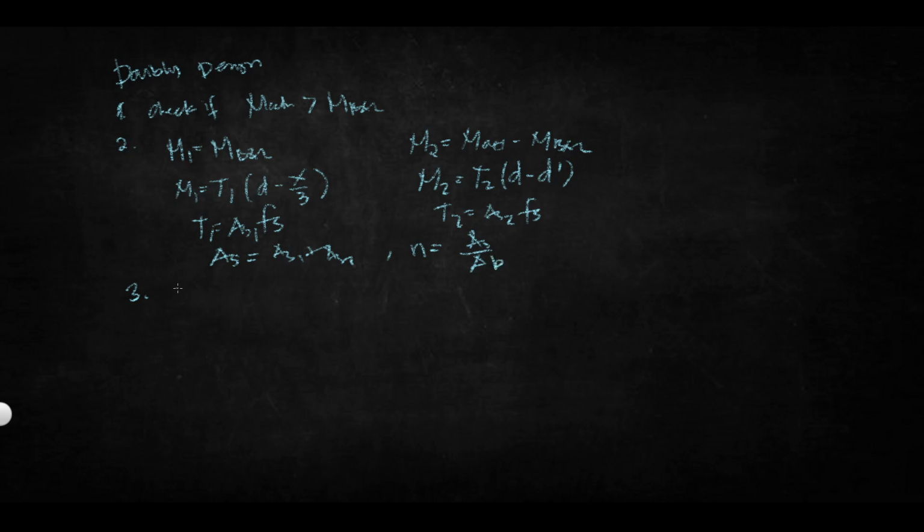So next is solving for AS prime. So AS prime, first check what is Fs prime. Okay, so makukuha natin Fs prime. Meron po tayong ginawa kanina. Tandaan nyo yung stress diagram. Gamitin nyo po yun, no? Stress diagram.